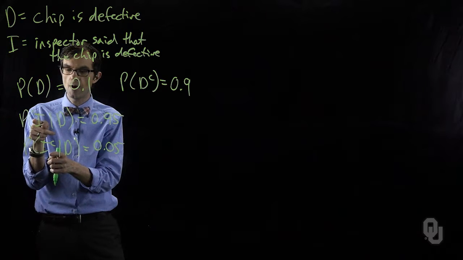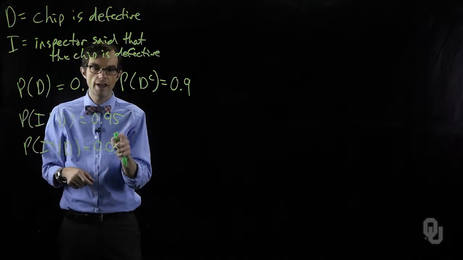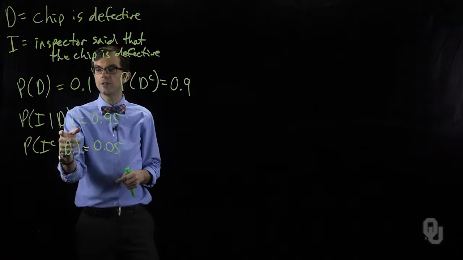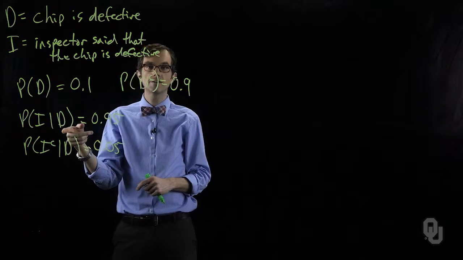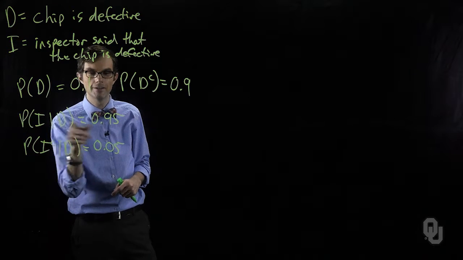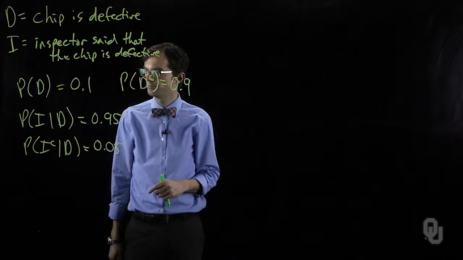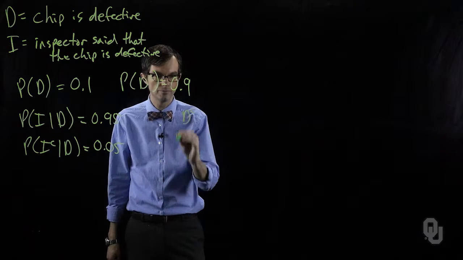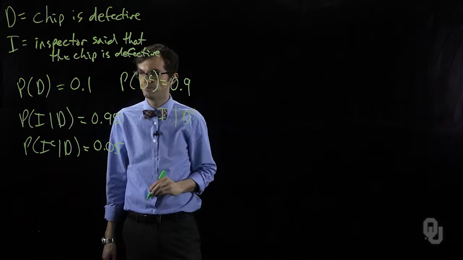We can take the complement of this event, and those two would sum to 1. So now we know how good the inspector is when the chip is defective. If the chip is defective, the inspector said it was 95% of the time. Also, we know when a chip is not defective. What does the inspector say?